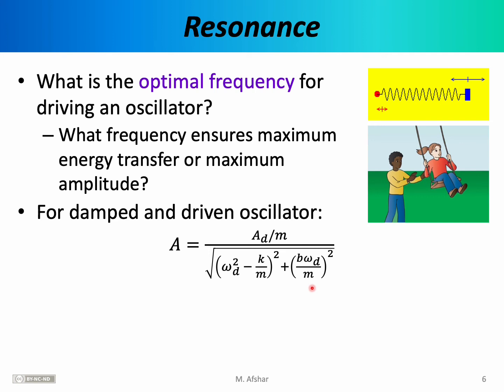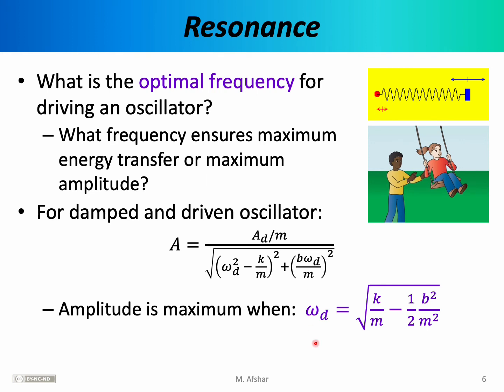And with a couple of pages of algebra, which we will not go through, you will find that the optimal frequency is given by this expression here. When the driving angular frequency is equal to this expression here, if you take this expression and plug it in here for omega sub d, you will see that A takes on its maximum value, its greatest value.